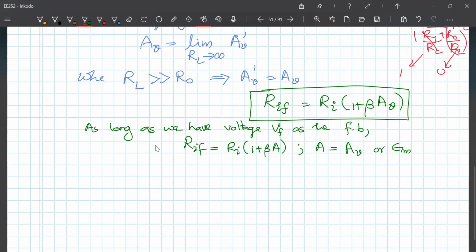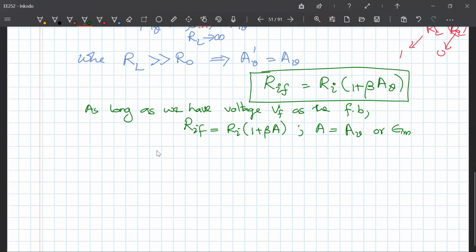That's basically something that we wrote in the previous page. Then this is the derivation of it. Okay? So you see it is not difficult to derive that.